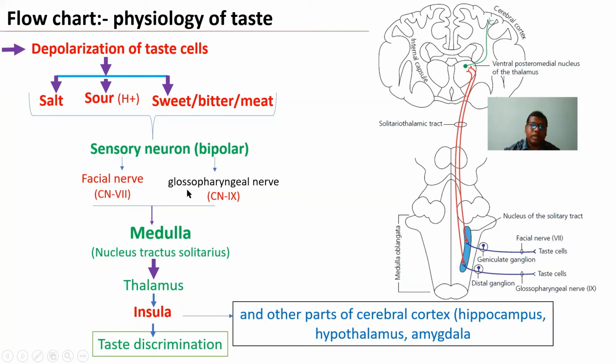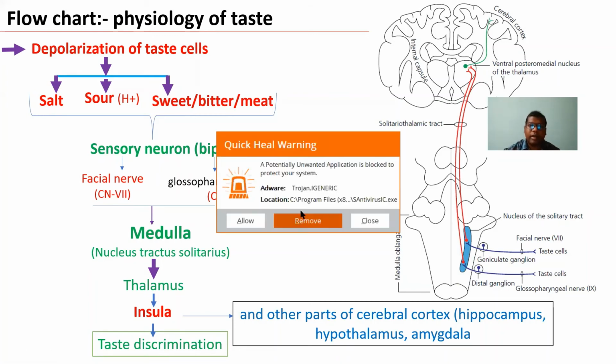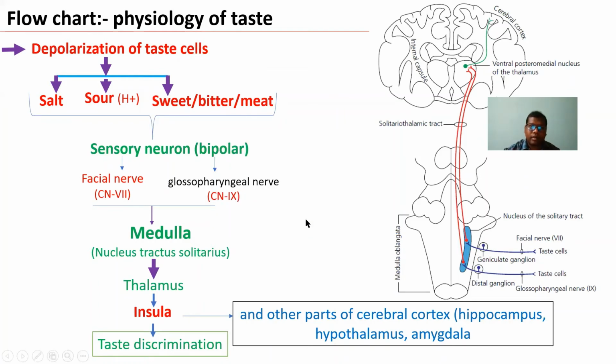So here the sensory neurons from the tongue run in the facial nerve, cranial nerve 7, and the glossopharyngeal nerve, cranial nerve 9. And also one more, the vagus nerve, cranial nerve 10, carries information from the taste buds present in the epiglottis or the pharynx.